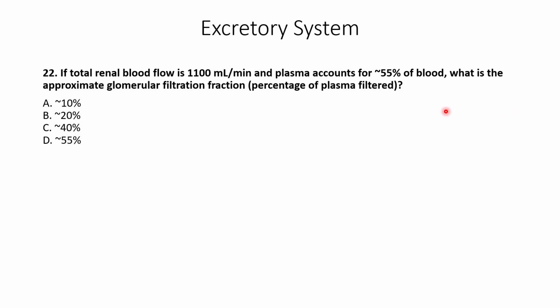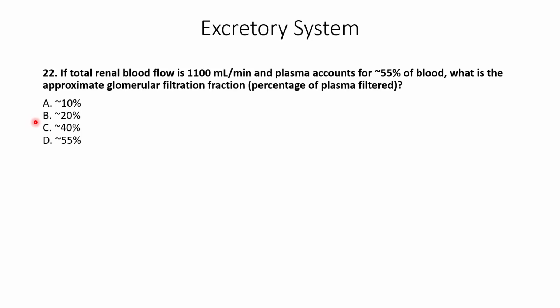So 120 divided by 600 is 0.2, times 100, that's 20%. So the answer here is option B, which is 20%.